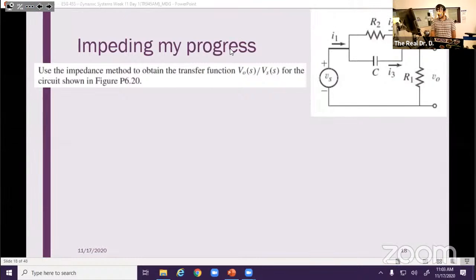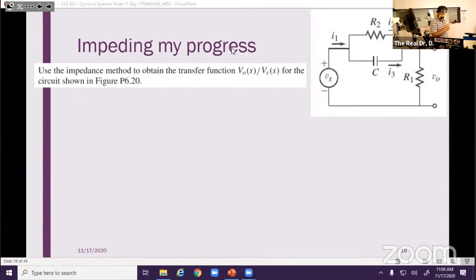So here's a circuit, and specifically, I'm asked to find the transfer function of my output voltage to my supply voltage. Well, this is different than what we normally do, Dr. D. You told us we should always use EC and IL. I did say that, but there are exceptions, like when you're specifically asked to find something.